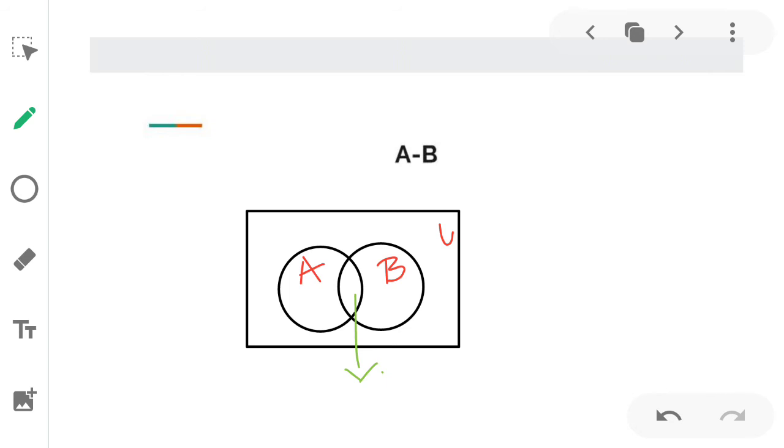I want only the unique elements of A, so I will highlight only this area. This represents elements of A which are not part of B. So this green shaded area will denote the elements of A which are not part of B.